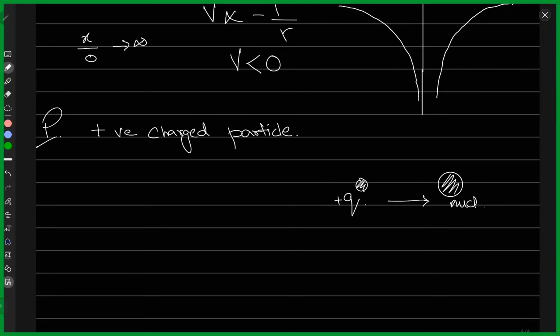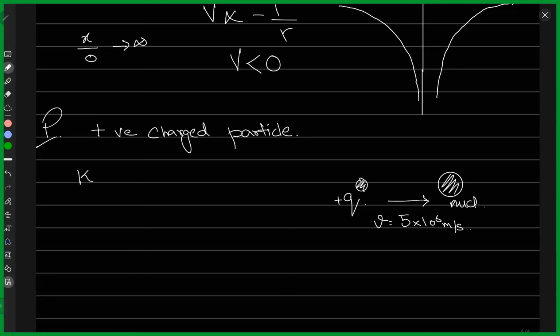And I'll give you the velocity with which it is moving. It is moving with 5 into 10 raised to power 6 meters per second. The first thing is very simple, right? What would be the kinetic energy of such a particle?